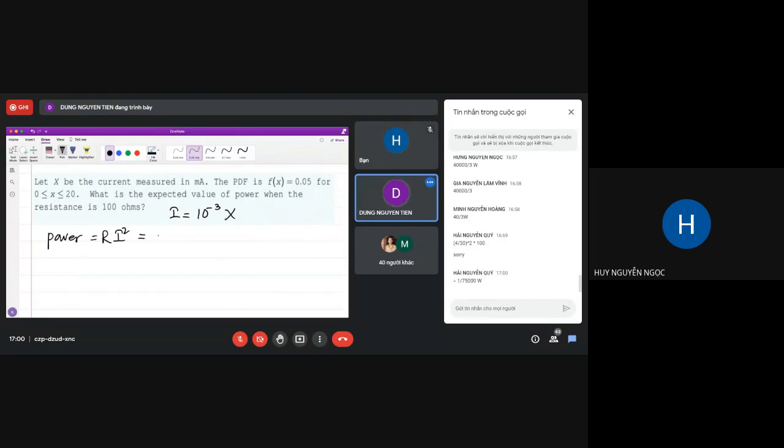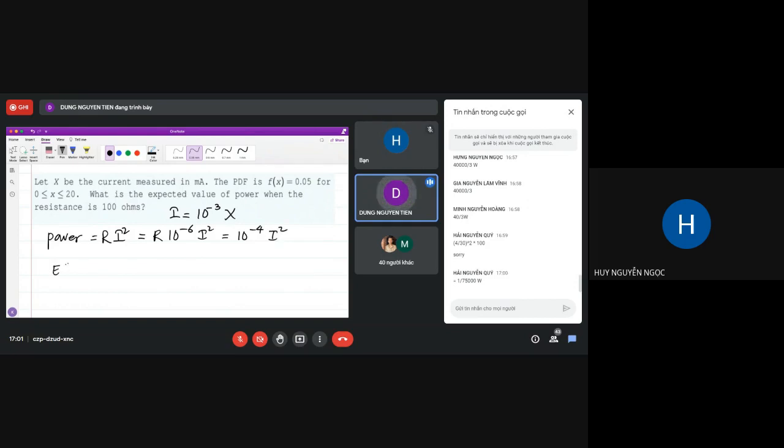Then this becomes R times 10 to the minus 6 times x squared, right? And you get 10 to the minus 4 because R is 100, times x squared.